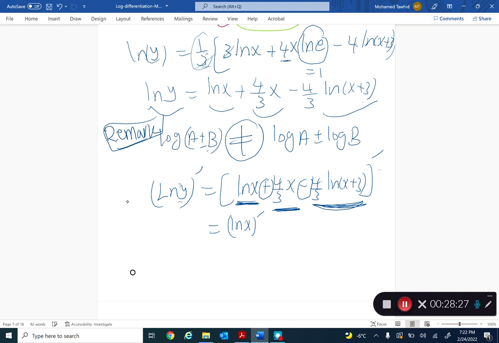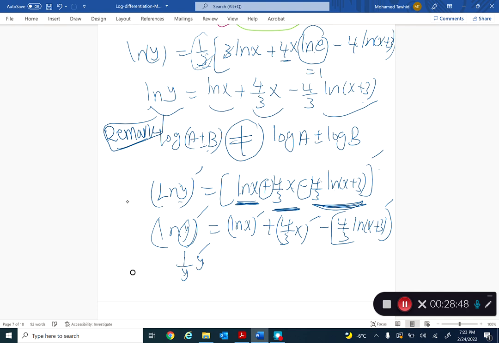So what is the derivative? I'm going to take the derivative term by term. Now ln y prime: what is the derivative of this? That is your f, so it will be 1 over f times f prime.